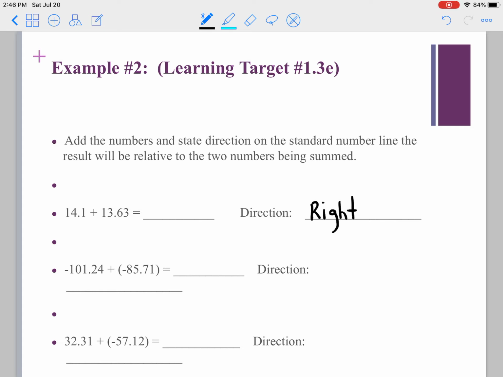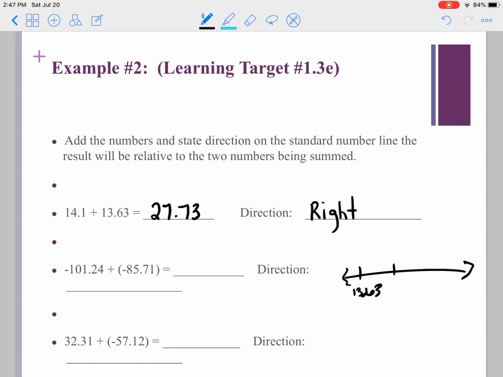But if I want to check myself, I can say that 14.1 plus 13.63 is equal to 27.73. And if I were to draw the standard number line, I would put 13.63 here.